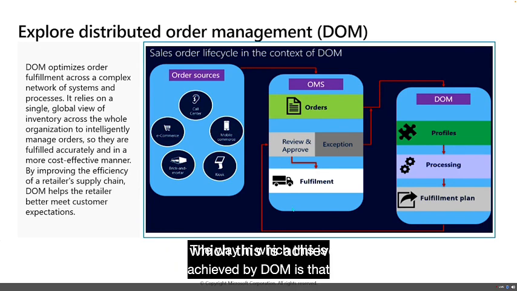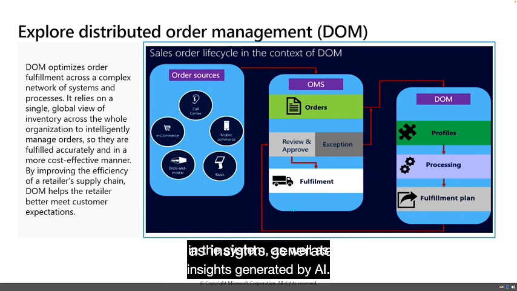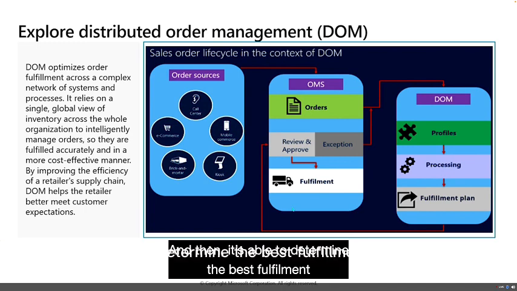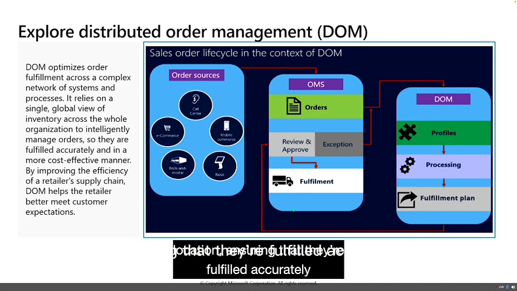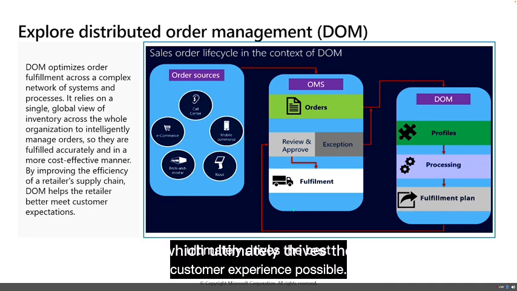The way in which this is achieved by DOM is that it's factoring in cost components like shipping cost, handling cost, and packaging, as well as any business rules that you have as a customer defined in the system, as well as insights generated by AI, and then is able to determine the best fulfillment location, ensuring that they're fulfilled accurately and in the most cost-effective manner, which ultimately drives the best customer experience possible.